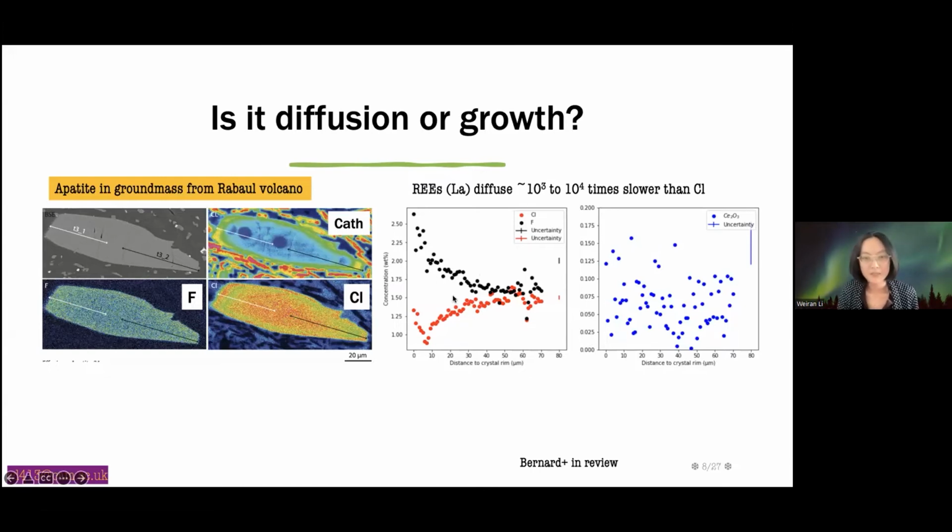From the profiles we did using electron microprobe, you can see that the chlorine is zoned, as shown in these red dots, but cerium is not zoned or doesn't show any obvious zoning. So from all this evidence, we can say that the zoning in this crystal was caused by diffusion rather than growth. And with this, we can go ahead to model the timescales from the zoning here.